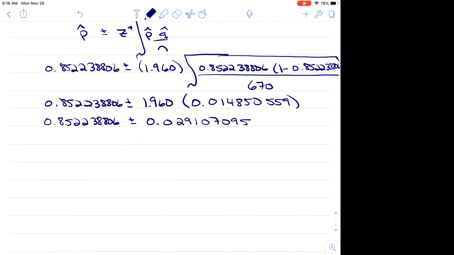Recall 1 minus recall 2. So I would store that margin of error so that I can find 0.823131711, up to recall 1 plus recall 2, 0.88134591.